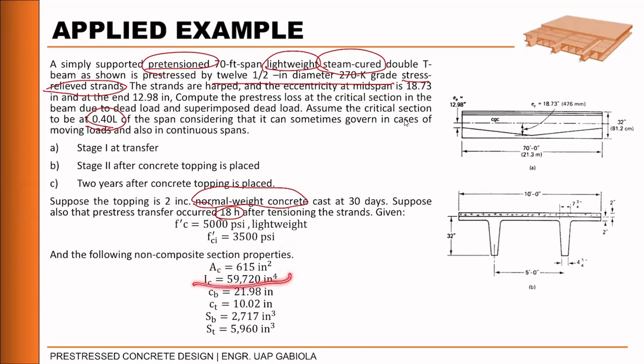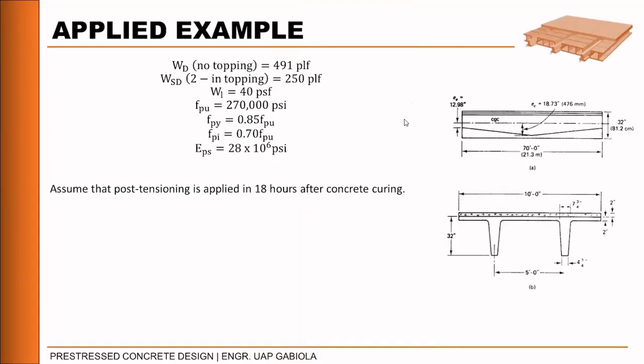And then ito is mga fiber stresses natin, fiber distances sa bottom and top. And then we have section modulus for bottom and top. Then we also have yung weight natin kapag wala siyang topping. Ibig sabihin self-weight natin kapag wala pa siyang superimposed dead load. And then yung weight ng superimposed dead load daw natin is ito, given siya.